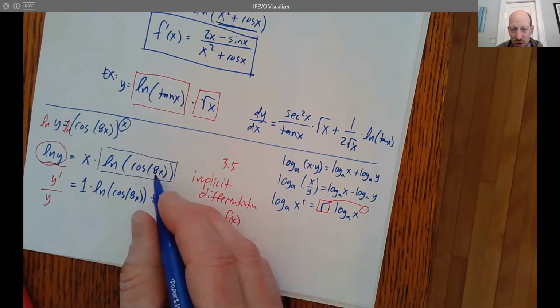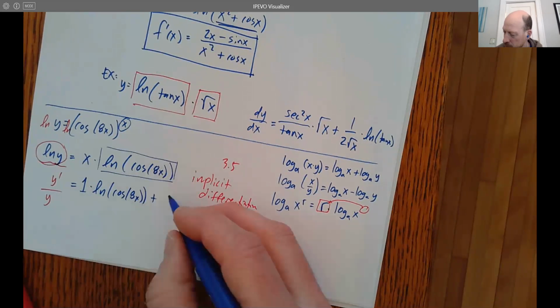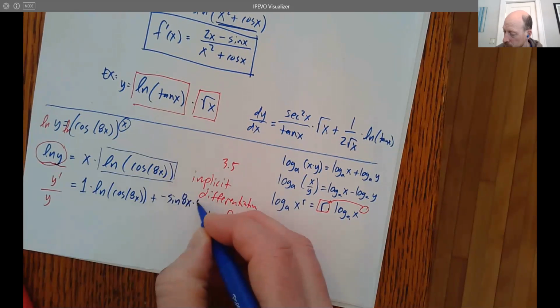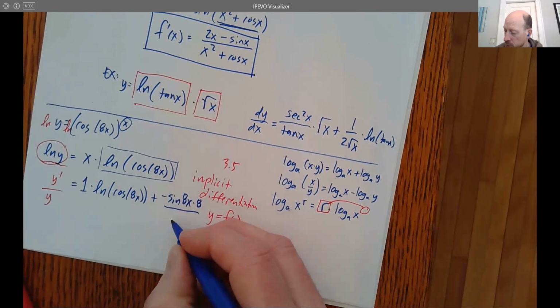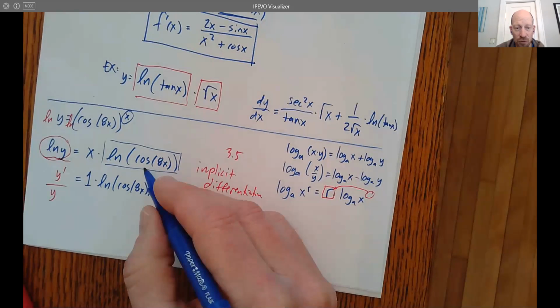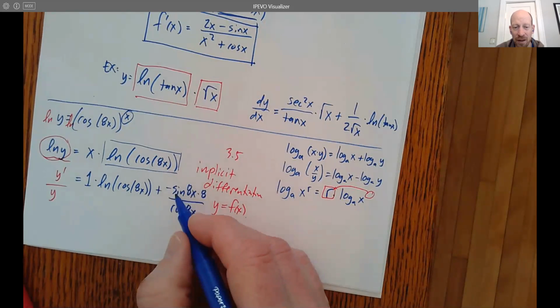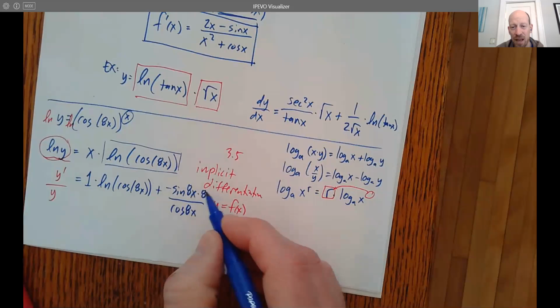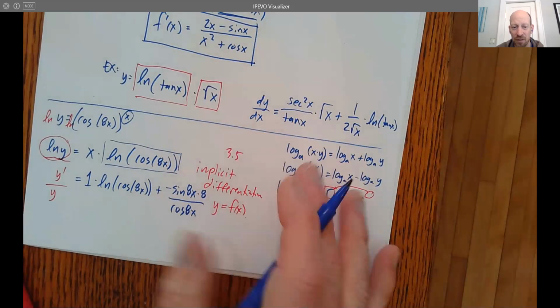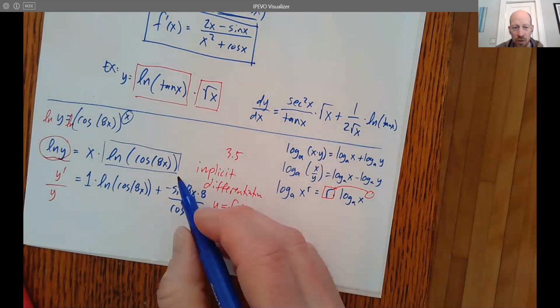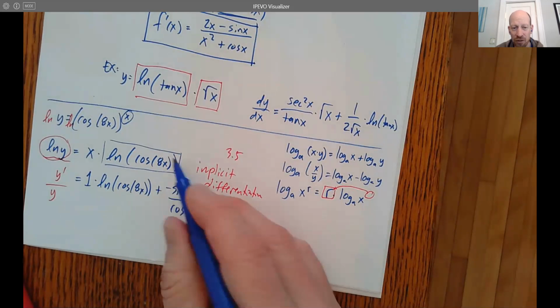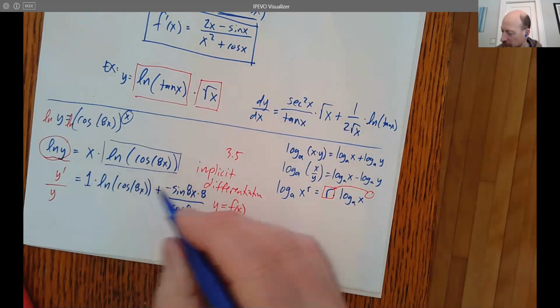I take du over u. Remember, since it's the cosine of 8x, the derivative there is minus sine of 8x times 8. That's the chain rule again. So this is the derivative of the natural log function, and then I multiply that by x.